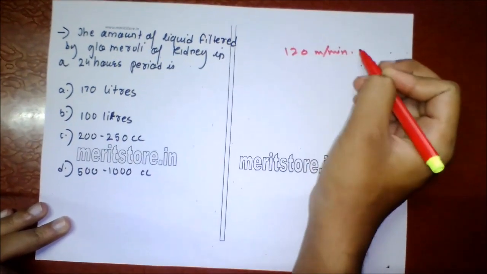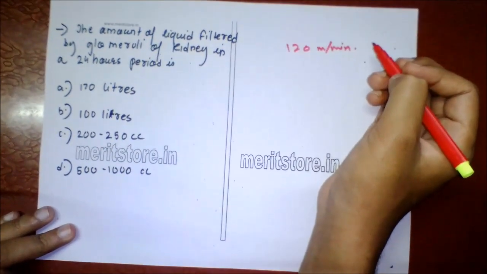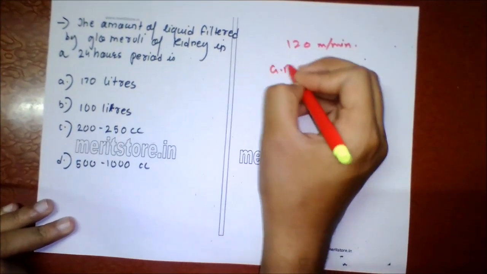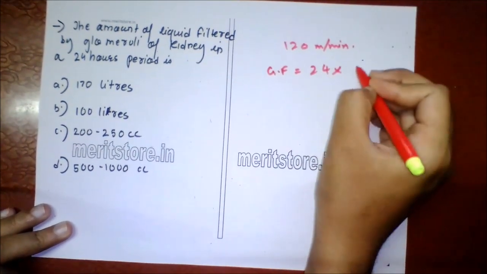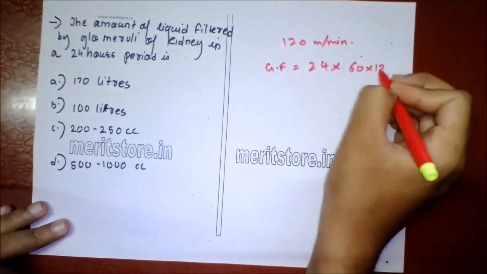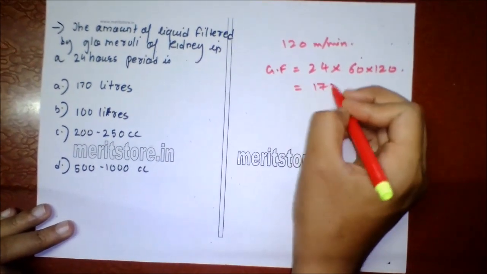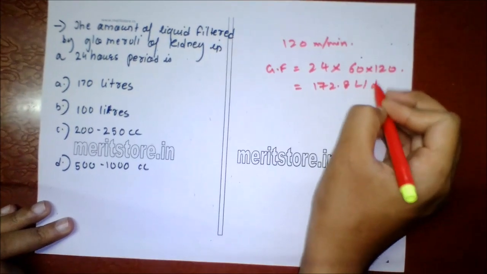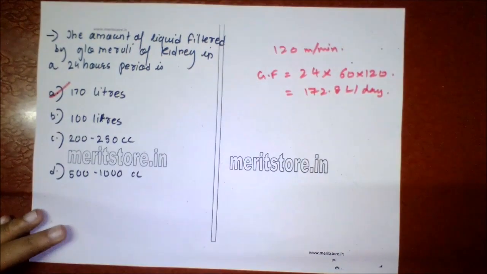In 24 hours, the total volume of GFR is about 170 liters. So it comes out to be 24 into 60 into 120, which is 172.8 liters per day. So the closest option is option A, 170 liters.